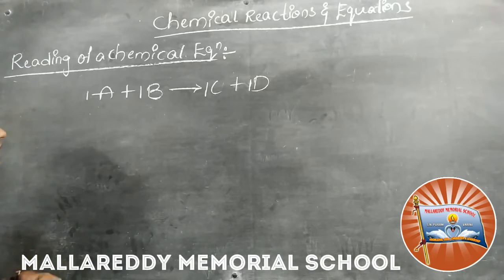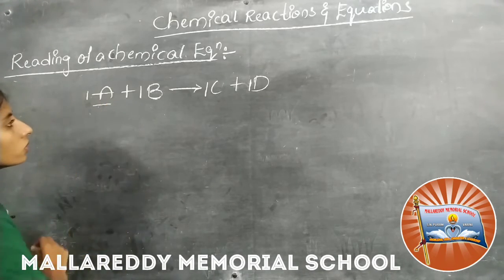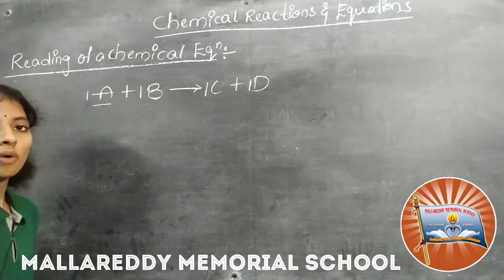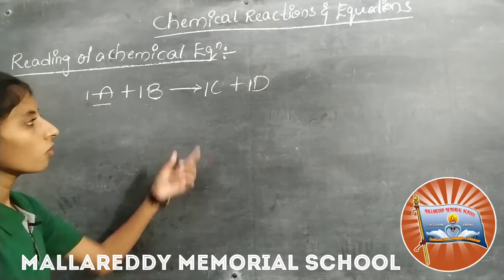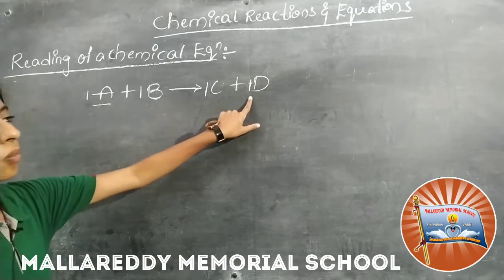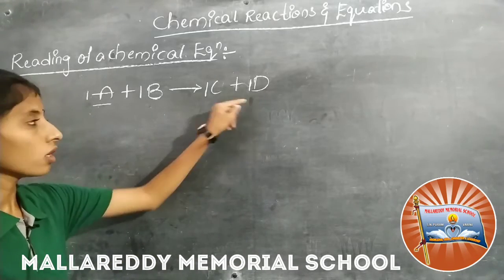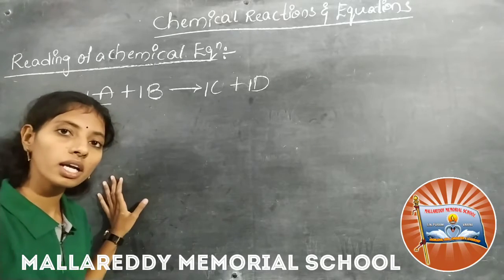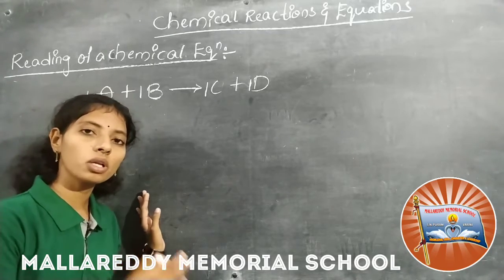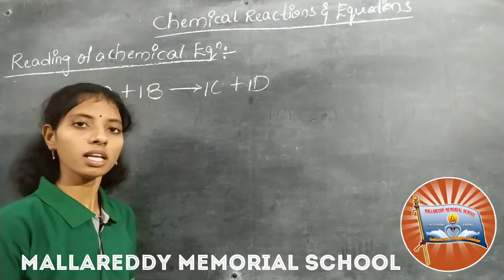So here we have 1 molecule of A combining with 1 molecule of B. Okay, and the products are 1 molecule of C and 1 molecule of D. So before the substance the number indicates the number of molecules present in a chemical equation.